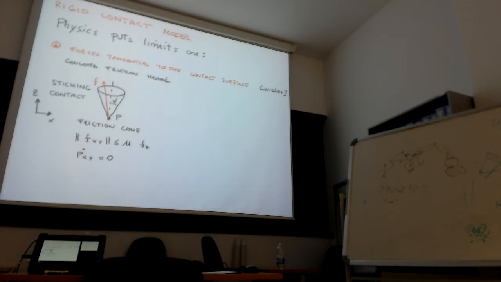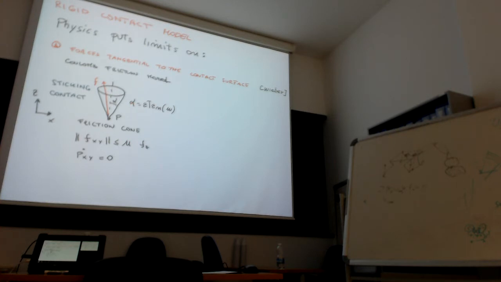We saw that it can be written as a friction cone wherever you have the norm of the tangential component lower than a certain proportionality to the normal component, and where this proportionality is represented by the friction coefficient, that is in essence the size of the cone.